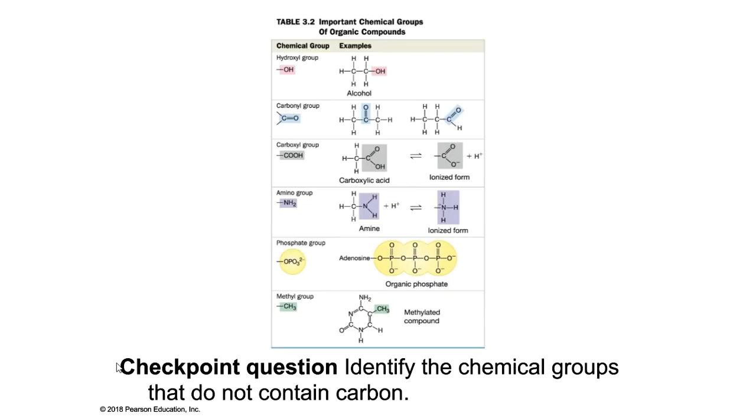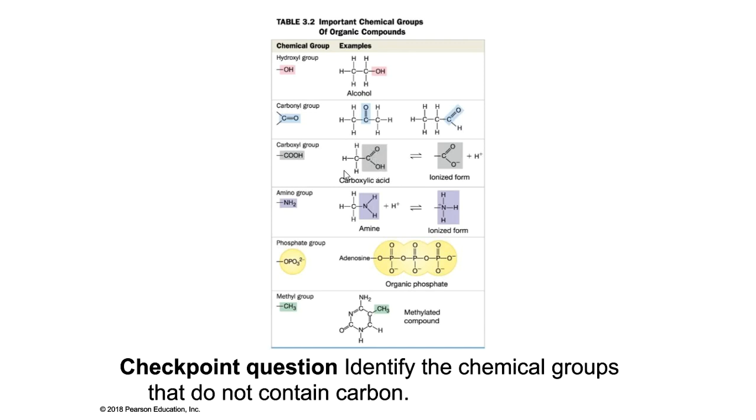Okay, so again, here's our hydroxyl group, OH, and you can see that it's associated with this two carbon molecule. This is an alcohol because it has that OH in it. Carbonyl group is a carbon double bonded to an oxygen. You can see one here, you can see one here. Carboxyl group, there's your C double bonded O, OH, so COOH.